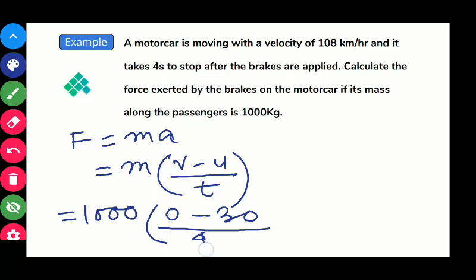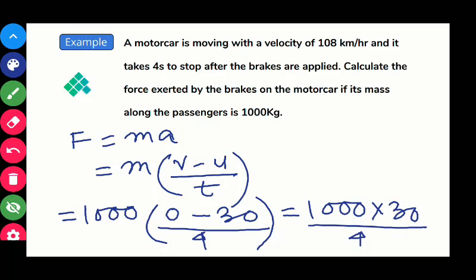Now if you calculate it, it will come to 1000 into 30 divided by 4, and the minus will be here in this case. Now if you calculate it, it will come to 250. Now where I can write down the answer, I'm just writing over here, okay? That is minus 7500 Newton.